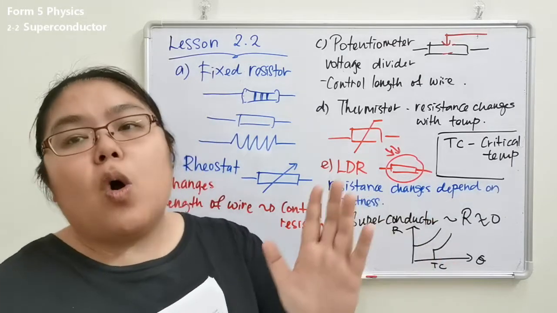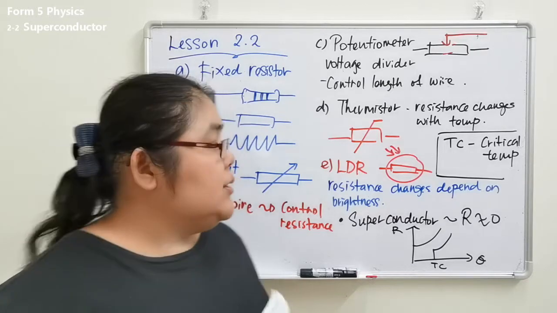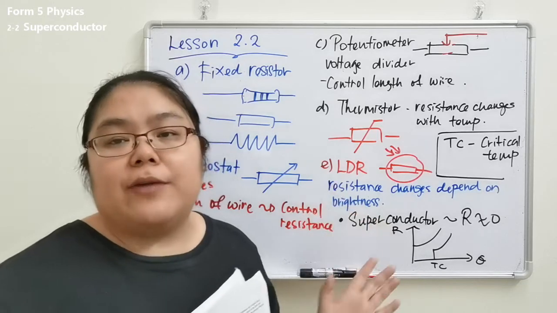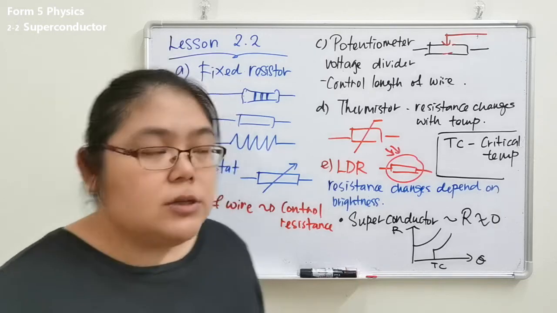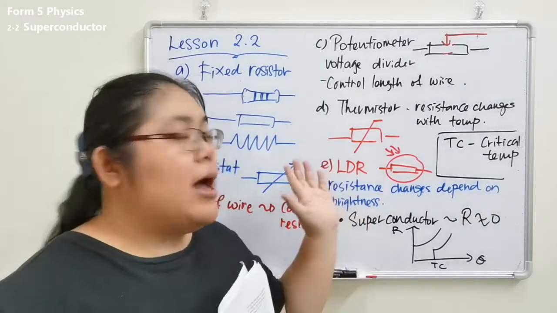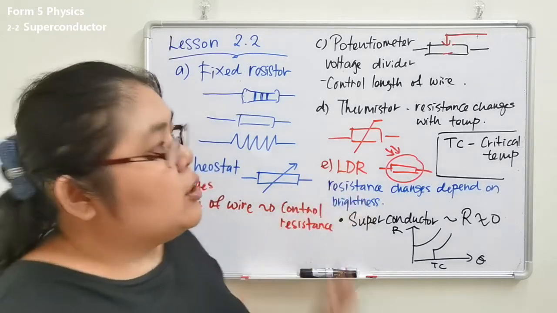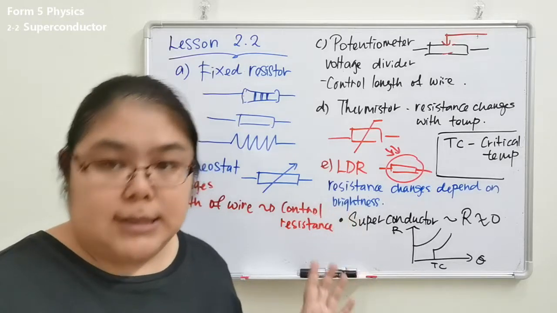So automatically all the lamps on the whole road will switch off together. So they are using the LDR to detect the brightness of the light. Then after that, they will turn off or on, depending on the situation. So from here, they are using the LDR to control the resistance. So this is the last one of the components related to the resistance of the resistor.